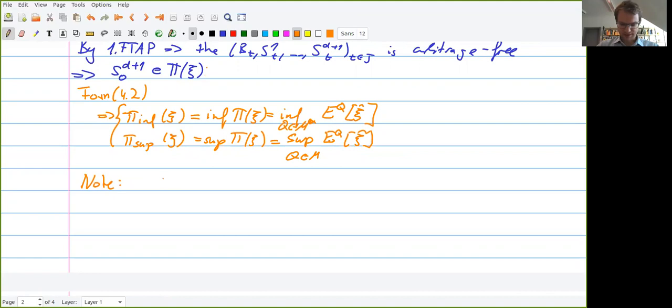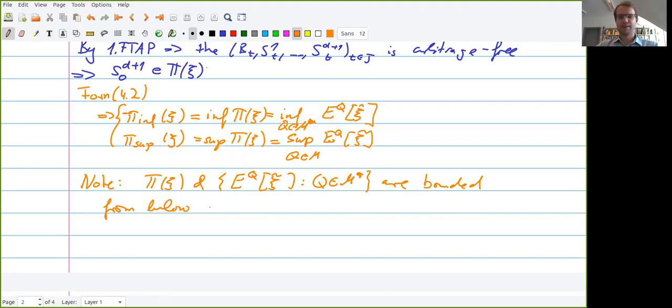So note, the other set, these two sets are bounded from below by 0, well, because the claim is non-negative, so price, I mean, it should be always non-negative, and from above by what is above?